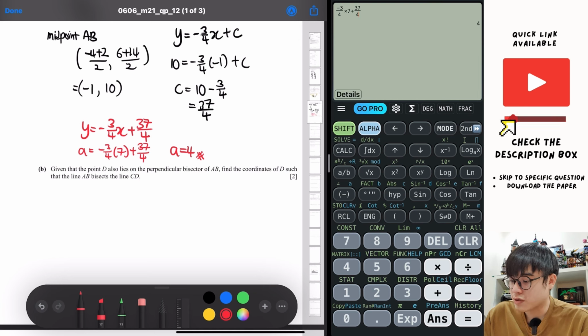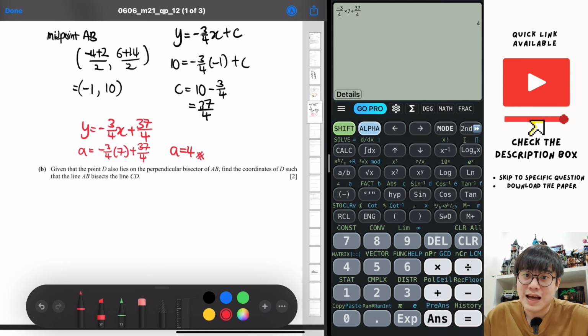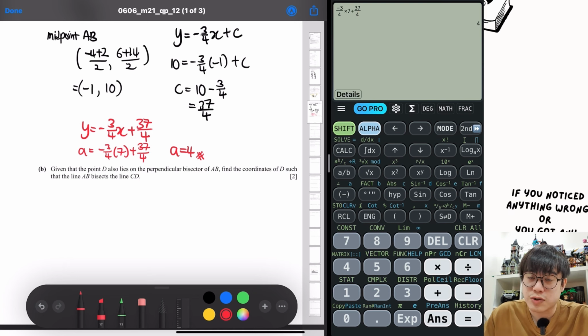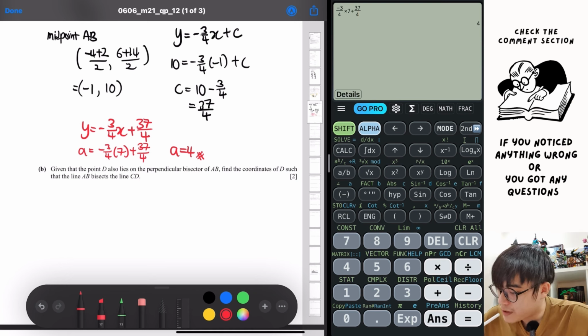Given that point D also lies on the perpendicular of AB, find the coordinates of D such that line AB bisects the line CD. So based on this question, there's two things that they want us to focus on. First thing will be perpendicular bisector, and they mention the bisect again.